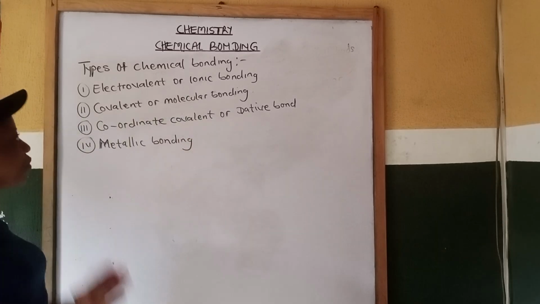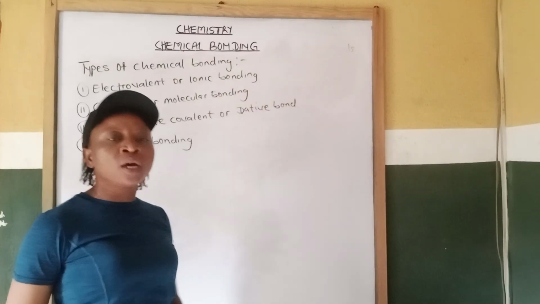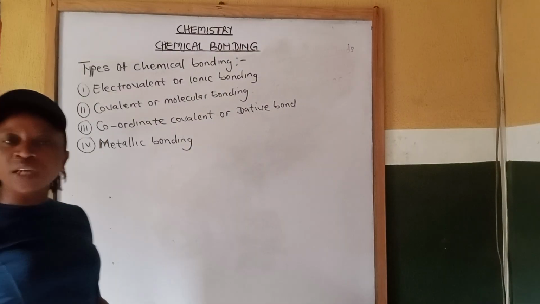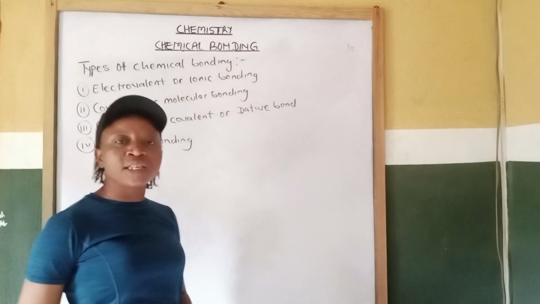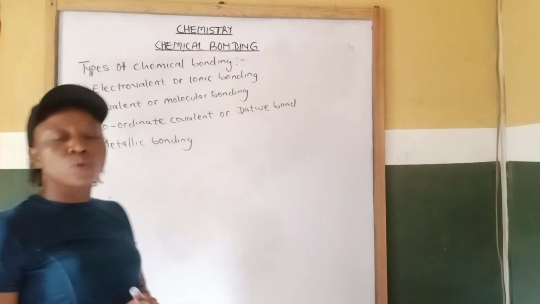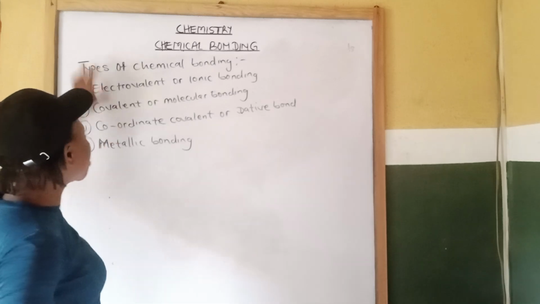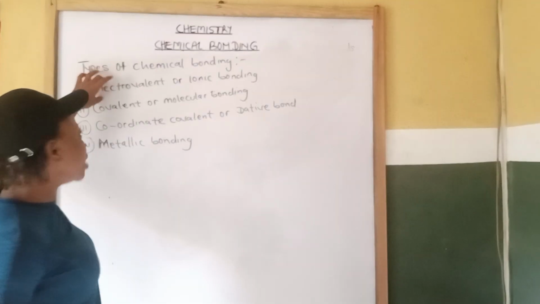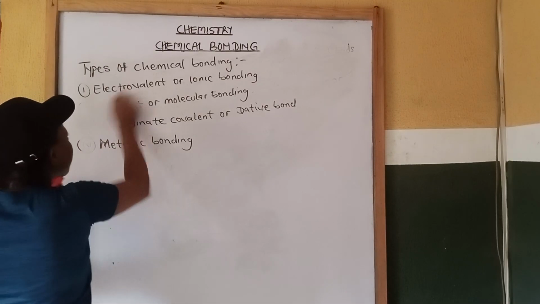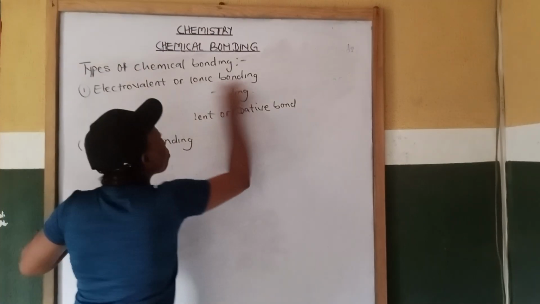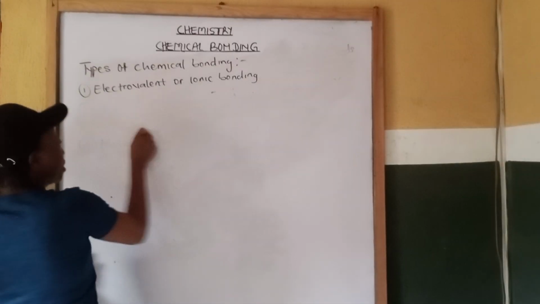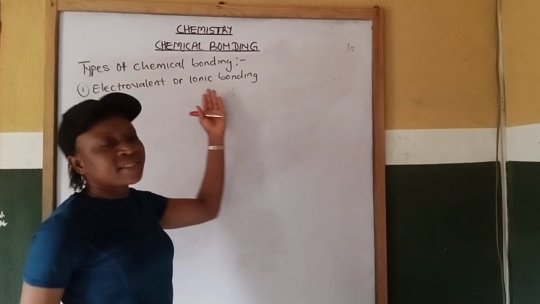So number one is electrovalent or ionic bonding. Number two is covalent or molecular bonding. The third one is coordinate covalent or dative bonding, while the last one is metallic bonding. But in this video, we are going to discuss electrovalent bonding.